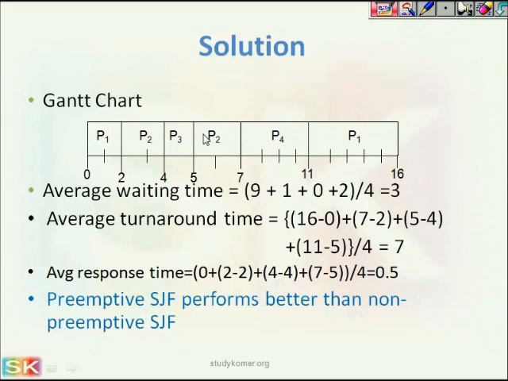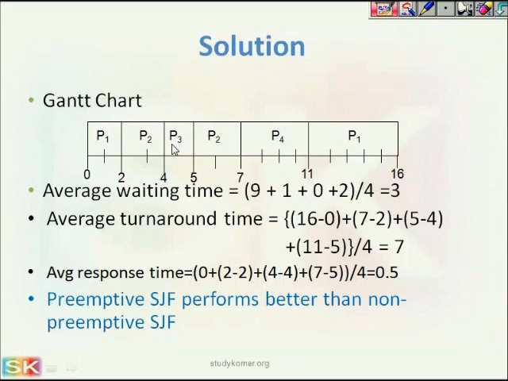For P2, it was submitted at time 2 and got the CPU at time 2. So 0 seconds it waited in the starting, then it went out from the CPU at time 4 and again got the CPU at time 5. So 5 minus 4, 1 second overall P2 has waited.